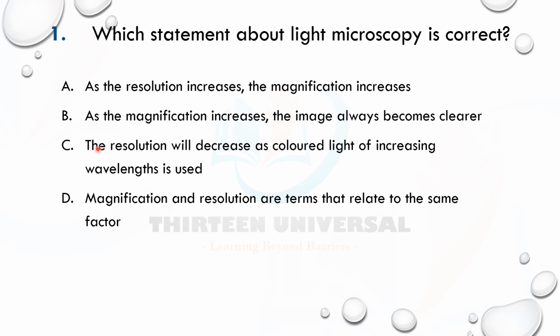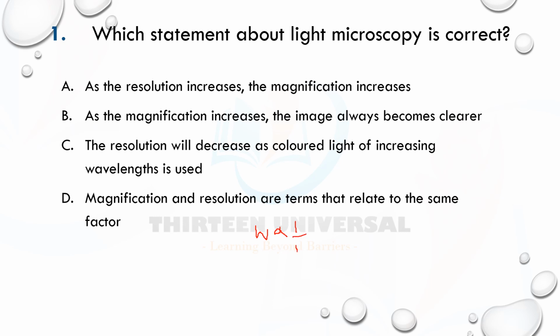Look at C. The resolution will decrease as colored light of increasing wavelength is used. Now, this is very important. Remember that the wavelength of radiation is inversely proportional to resolution.